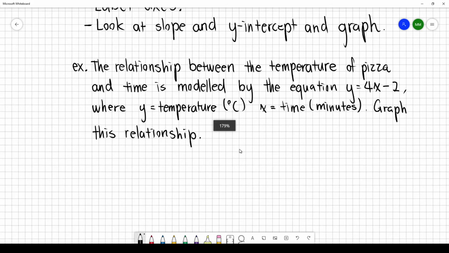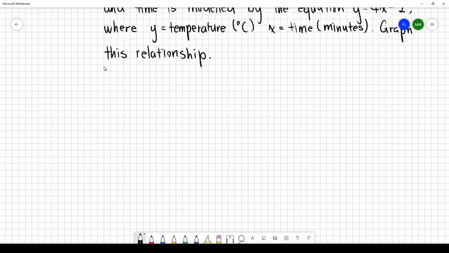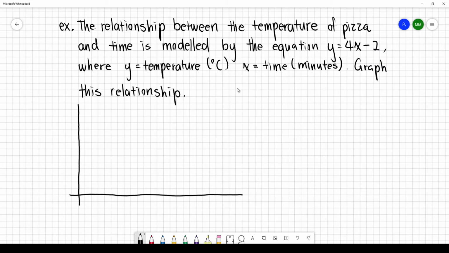So first thing, draw the axes. Before you start drawing, you got to look at the equation and recognize that there's a negative value for the y-intercept. So probably want to go down a bit more because we're going to touch on negative area. And then the slope was 4x, that means it goes up 4 degrees Celsius for every minute.